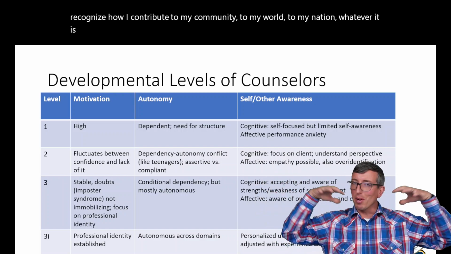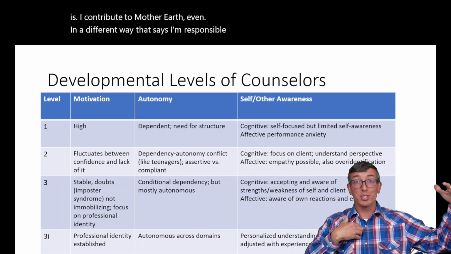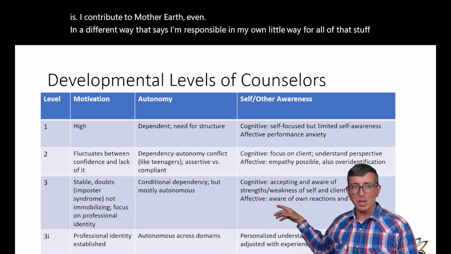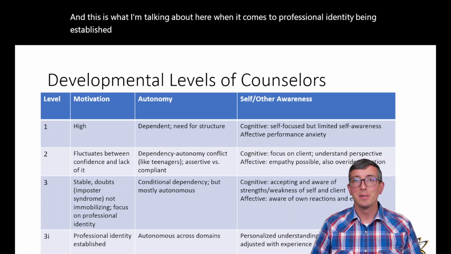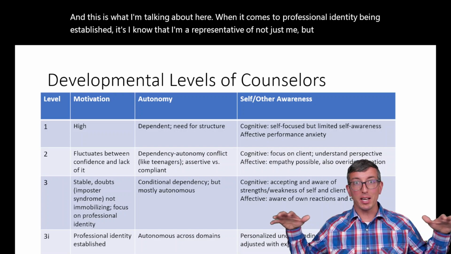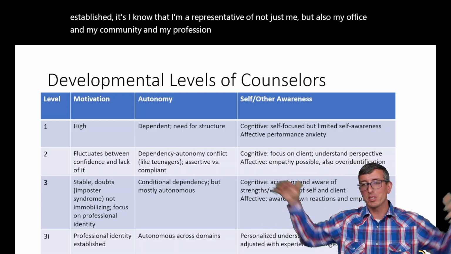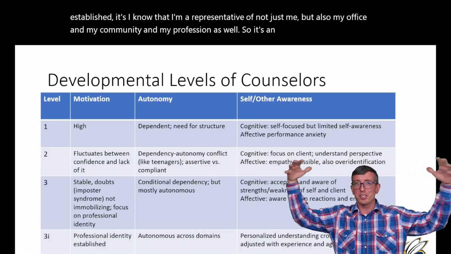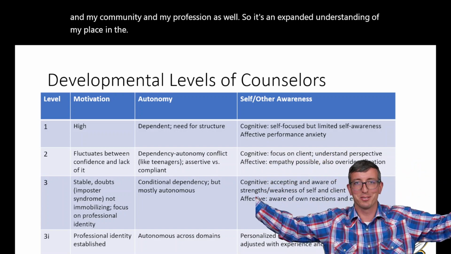I contribute to Mother Earth even in a different way that says I'm responsible in my own little way for all of that stuff. And this is what I'm talking about here when it comes to professional identity being established. It's, I know that I'm a representative of not just me, but also my office and my community and my profession as well. So it's an expanded understanding of my place in the stratosphere, for lack of a better term.